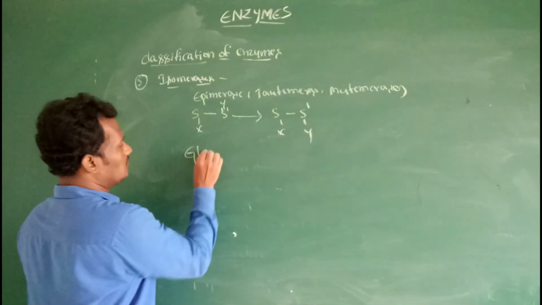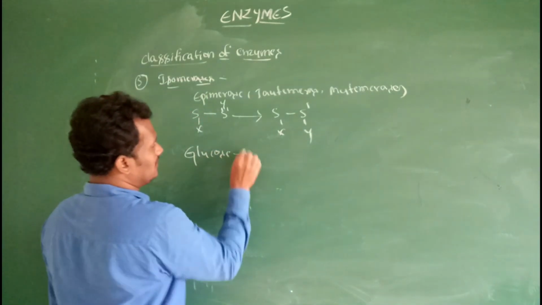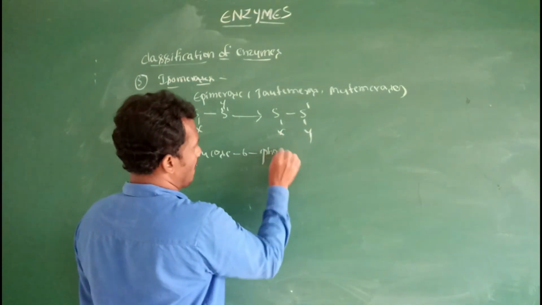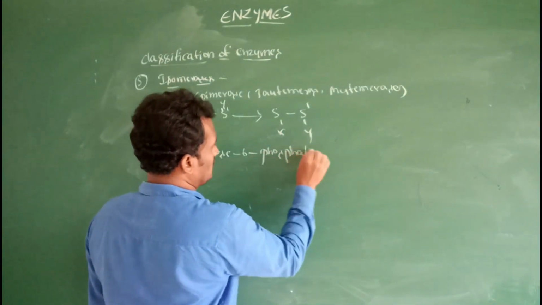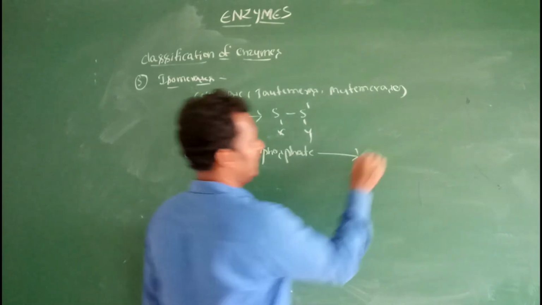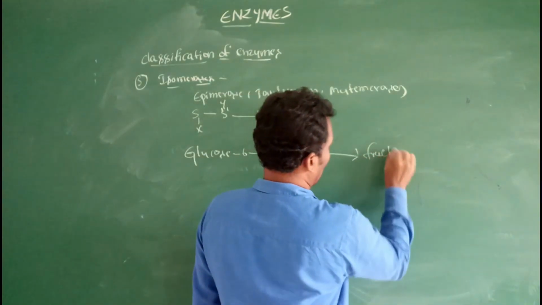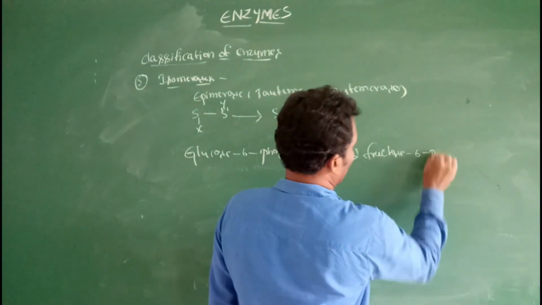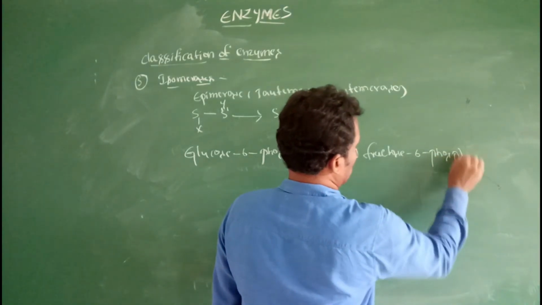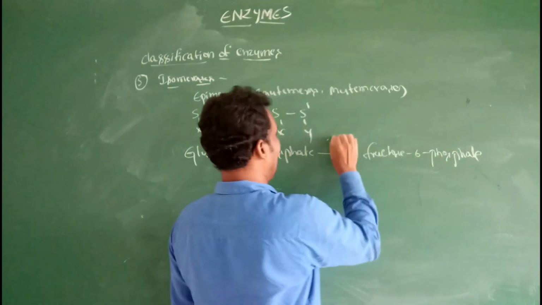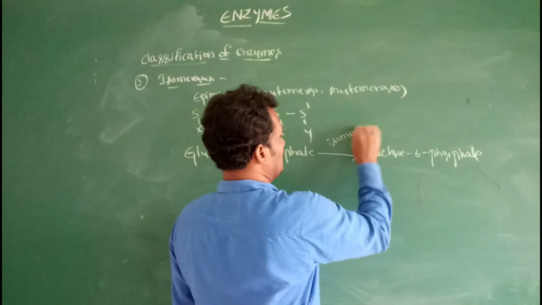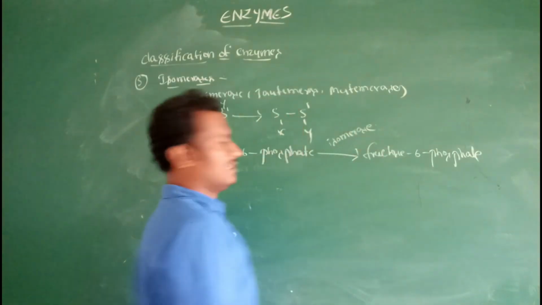Glucose 6-phosphate converts into fructose 6-phosphate by the activity of the isomerase enzyme.